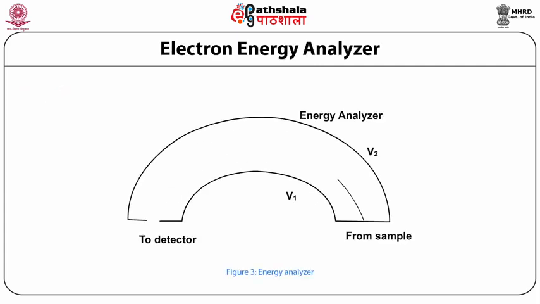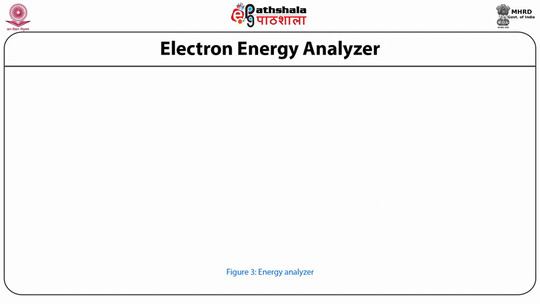Electron energy analyzers. In Auger electron spectroscopy, the spectrum is recorded using an electron energy analyzer as shown in figure 3. The most commonly used analyzer is the concentric hemispherical analyzer, termed as CHA, also called hemispherical sector analyzer, which is HSA.